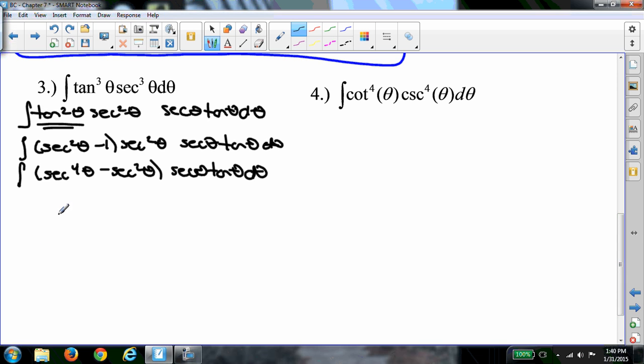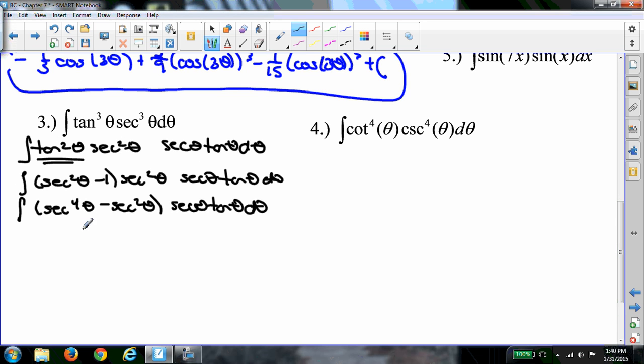And now if you let u equal secant theta, the derivative of u, du d theta, equals secant theta tangent theta. So that means du equals secant theta tangent theta d theta.